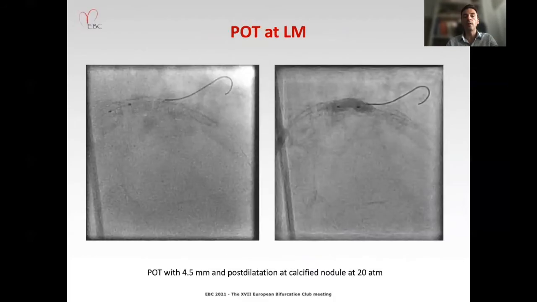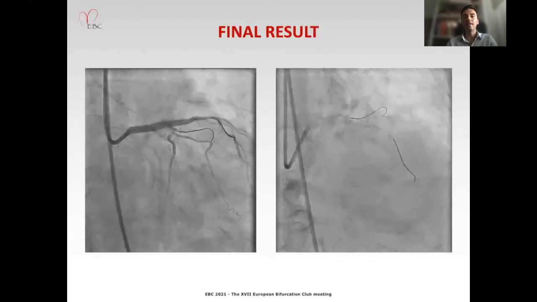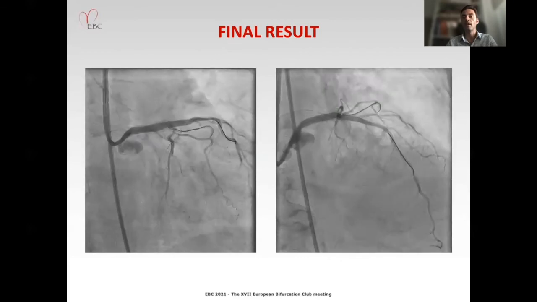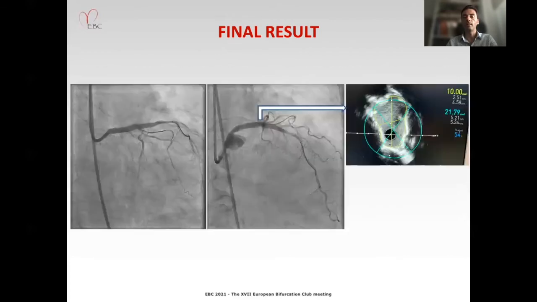And after that, we performed an aggressive POT with a 4.5 millimeter balloon according to the measurements in the IVUS. This is the final result in the angiogram. And this is the measurement in the IVUS with a 10 millimeter square area, minimal luminal area at the calcium nodule.